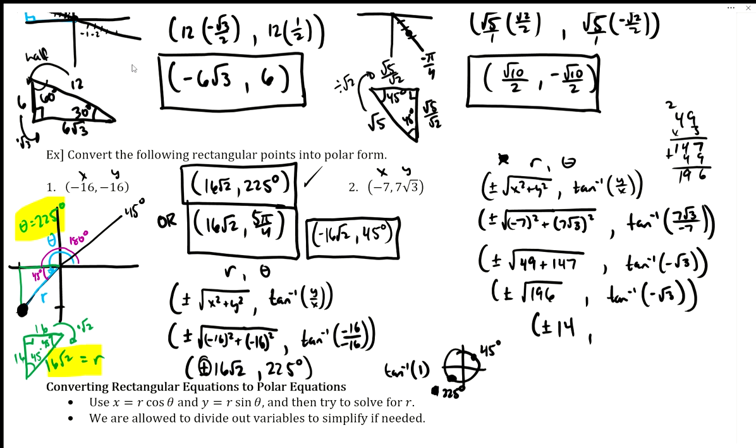And then tangent inverse of negative radical 3, well, we can use our unit circle for that. It would be in quadrant 2, close to the y-axis, or 4, close to the y-axis. So again, we choose the angle based on these problems. And you might say, if you've been following along with all the videos, like with inverse trig from a while ago, shouldn't there only be one answer for inverse trig?